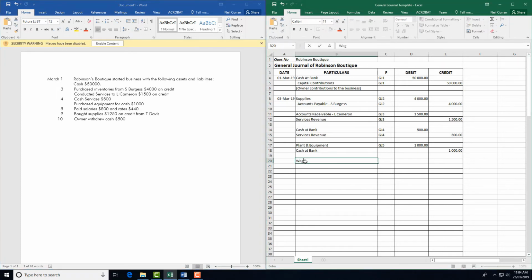Now you could put wages and salaries is a good one. You could put wages, you could put salaries. So you will get a chart of accounts in the exam and it will tell you which one to actually use. Next one will be rates, since we're paying rates. And since money coming out of the bank, cash at bank.